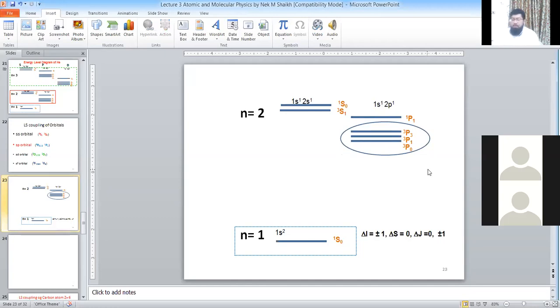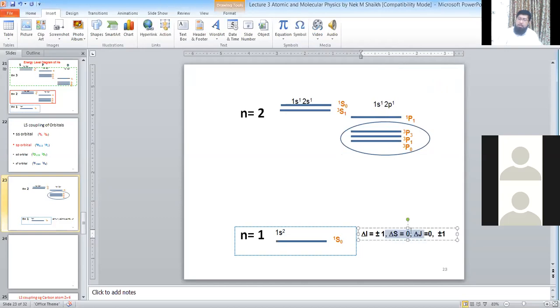क्यों पॉसिबल नहीं है? कि यहां पे अगर आप ये देखें कि इसकी मल्टीप्लिसिटी 3 है, इसकी मल्टीप्लिसिटी 1 है, तो 3 से जब 1 में आएगा तो एज अ रिजल्टेंट जो डेल्टा एस होगा वो प्लस माइनस 1 होगा. क्योंकि मल्टीप्लिसिटी 3 मींस स्पिन 1, यहाँ मल्टीप्लिसिटी 1 मींस स्पिन 0. तो स्पिन 1 से स्पिन 0 में जब आएगा तो डेल्टा एस क्या होगा? 1 होगा. और यहाँ पे हमारी रिक्वायरमेंट क्या है डायपोल ट्रांजिशन रूल्स की? वो 0 है. तो इसका मतलब है कि इस लेवल से ग्राउंड स्टेट में इलेक्ट्रॉन नहीं आएगा.